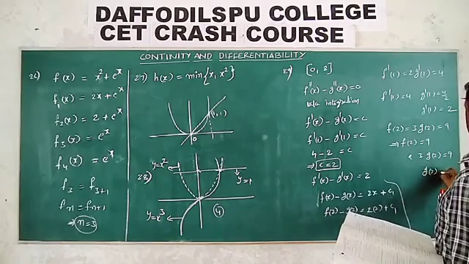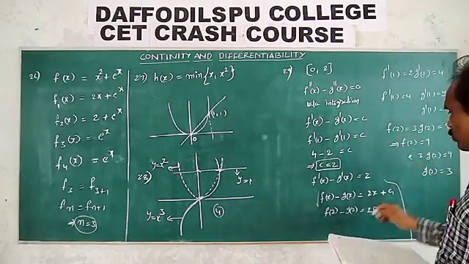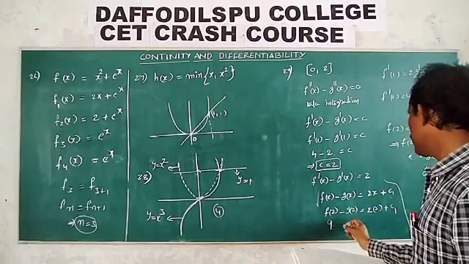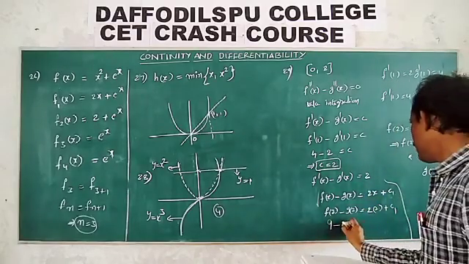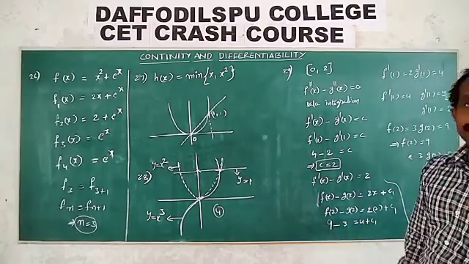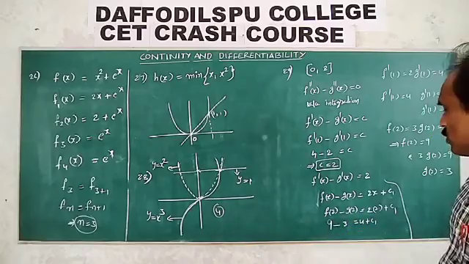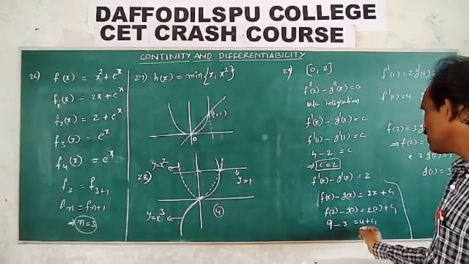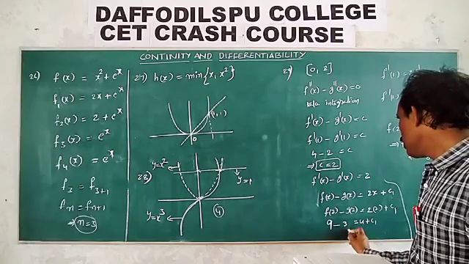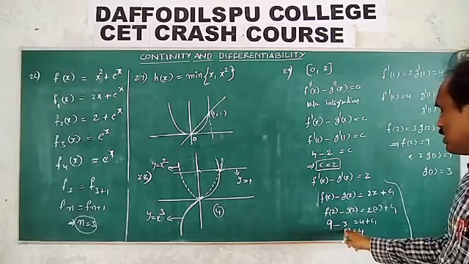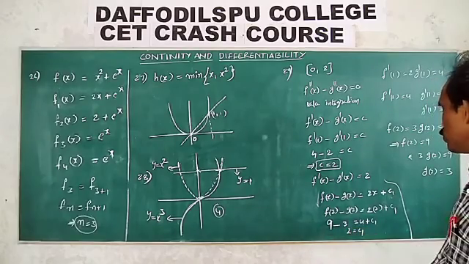What is the g(2) value? 3. So substitute f(2) value 9. Right, g(2) value 3 is equal to 4 plus c1. So 9 minus 6, 4 shift to this side. So what happened? 6 minus 4 will get 2 is equal to c1. 9 minus 6, 6 minus 4, 2. c1 is equal to 2.